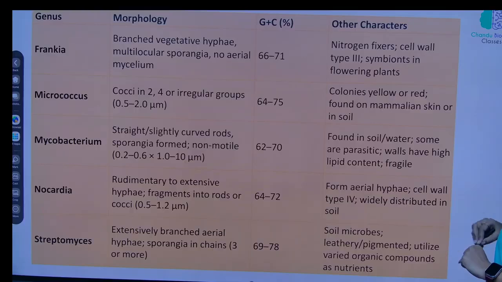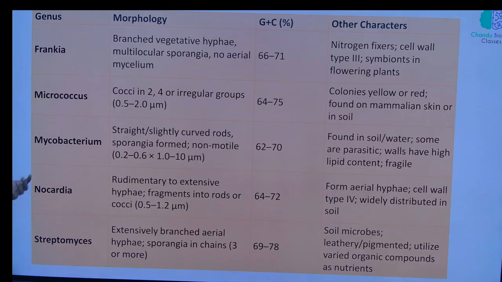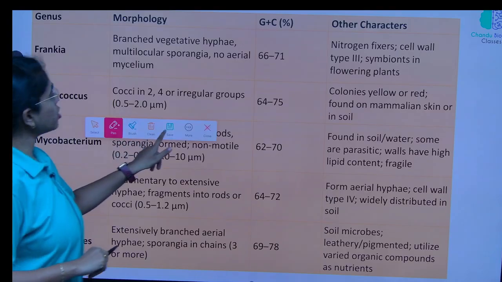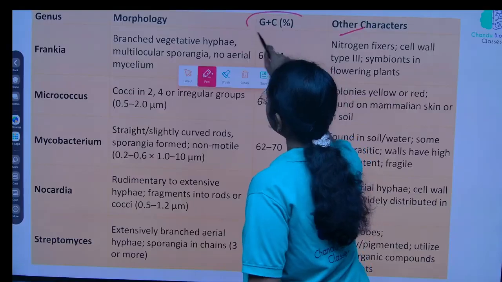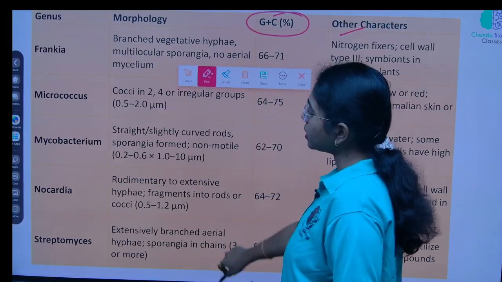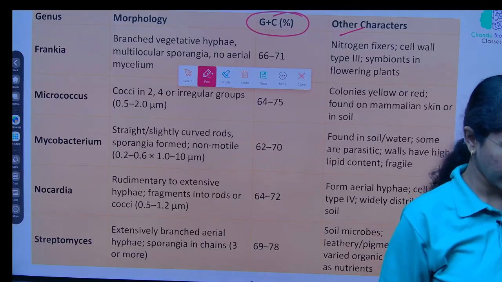These are different genera again. What are the most important points to be noted here? Under each example, look at the type of cell wall it belongs to, the guanine cytosine content, and the basic morphology. If you have any doubts, let me know.